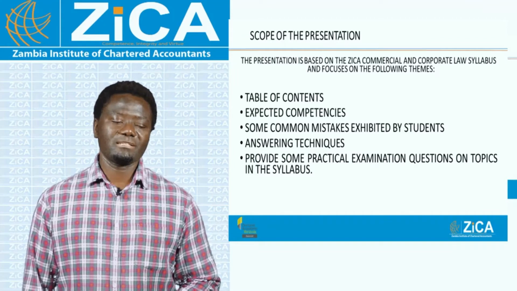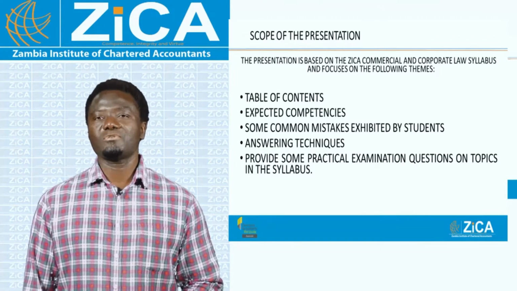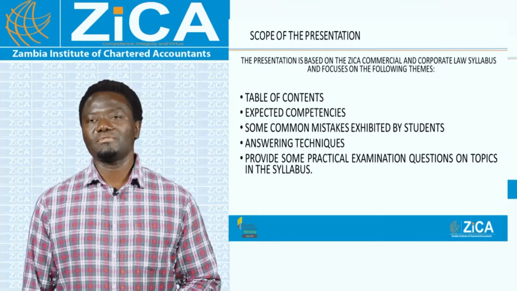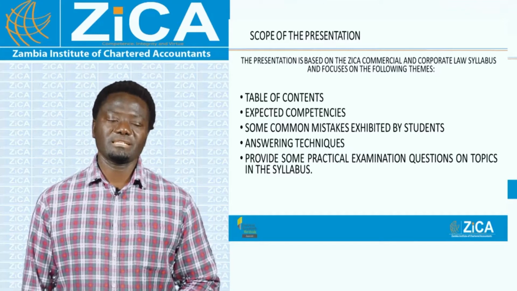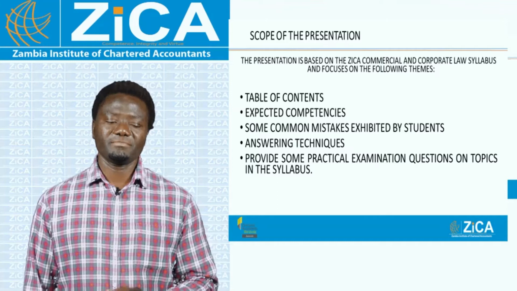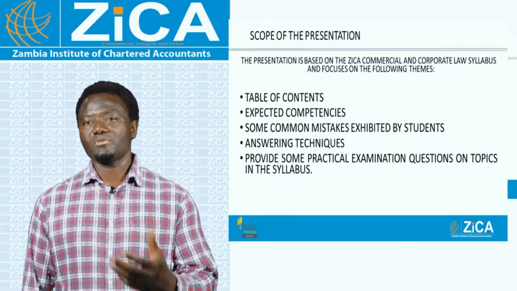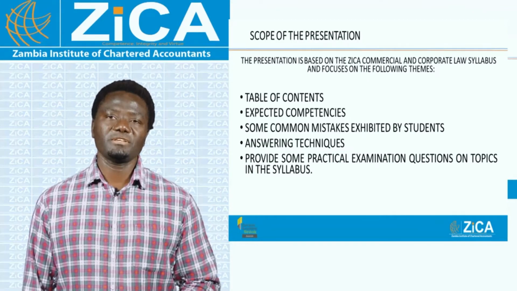Secondly, we are looking at the expected competencies that we, as your helpers in your course of learning, are expecting from you. And then 3, we are looking at some of the common mistakes that students exhibit, arising from the work that you do in your examinations.